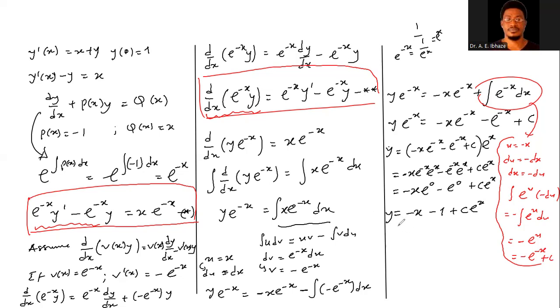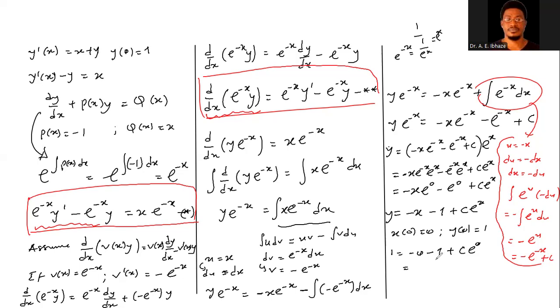So if we apply the initial condition for which x of naught is the same as 0 and y of naught is the same as 1, then y will be the same as minus 0 minus 1 plus c e^0.